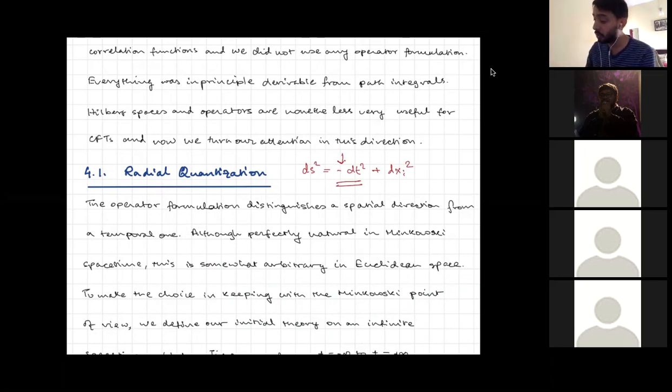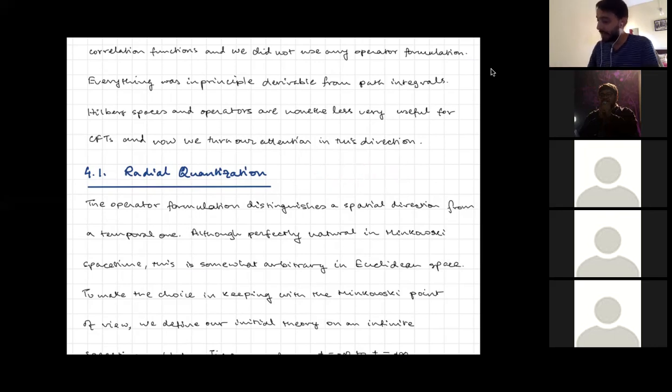But when you are in Euclidean spacetimes, so if you do not have this, then your spatial direction and your time direction become sort of equivalent.